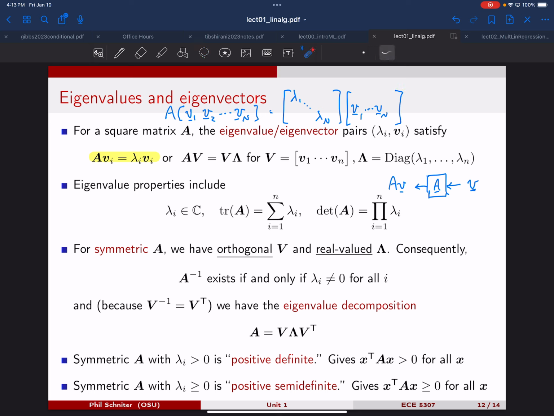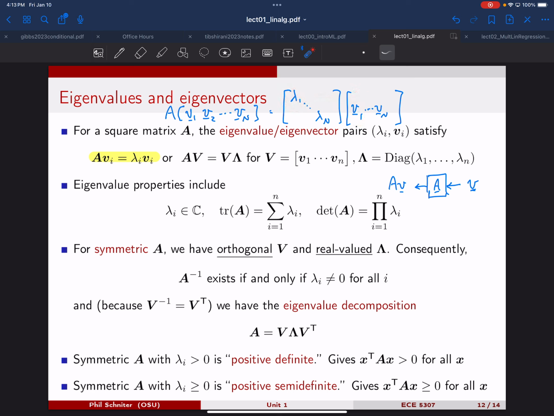And hopefully you can see why this works, because the first column of this thing we're talking about, which is A times v1, would be this times this, which is lambda 1 v1.